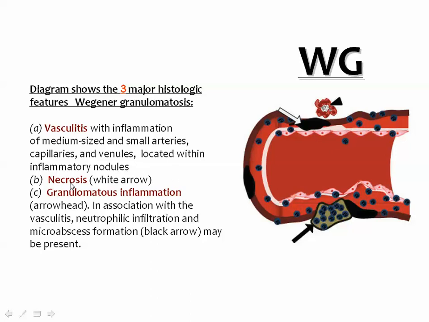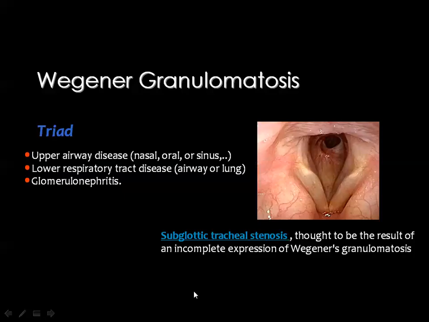Then necrosis will happen in the vessel wall, leading to granulomatous inflammation, and this is associated with neutrophilic infiltration and microabscesses, which will present later on as the pulmonary opacities, which we'll see in the chest radiograph and CT as well.